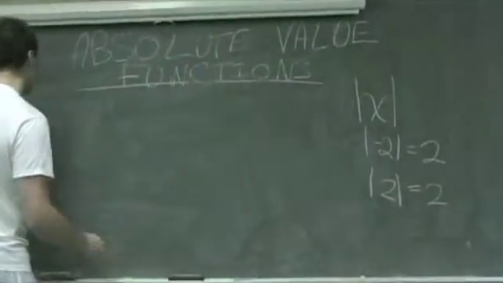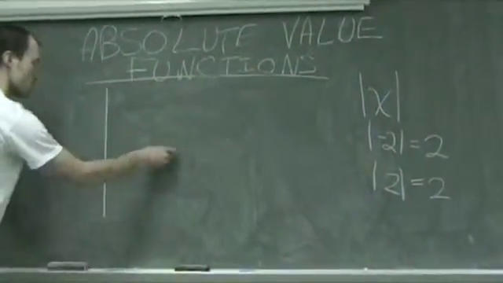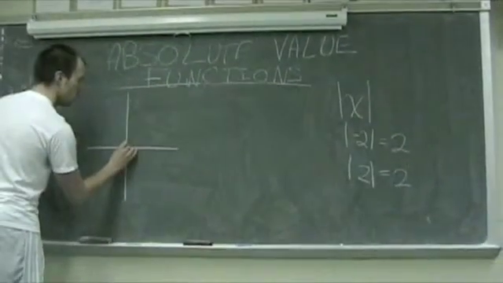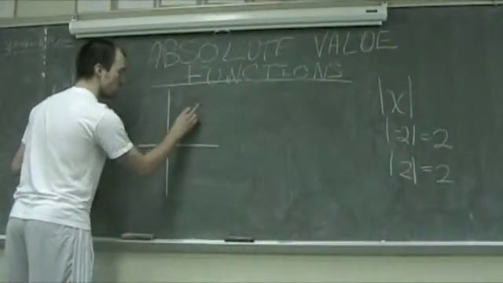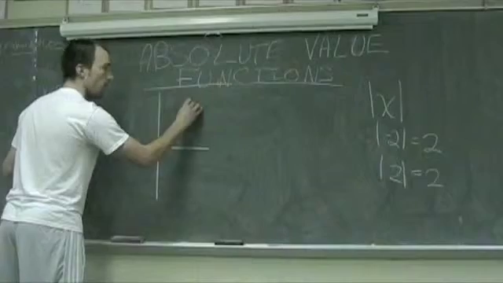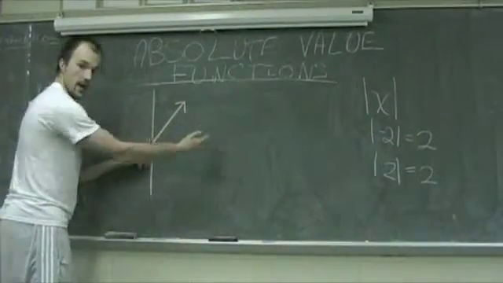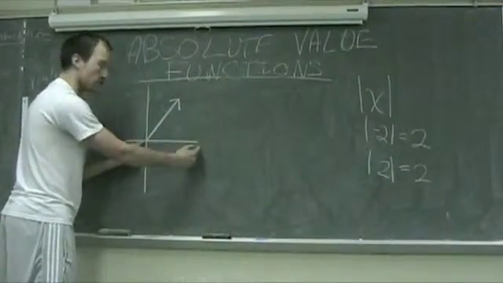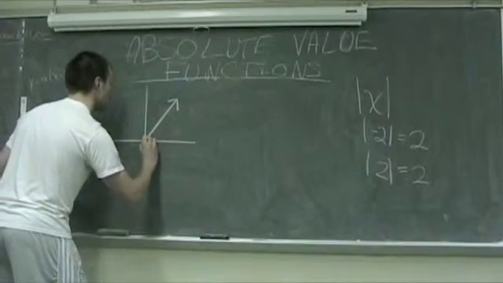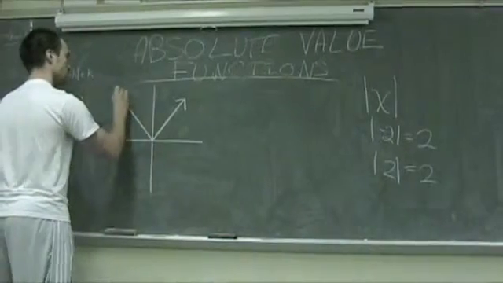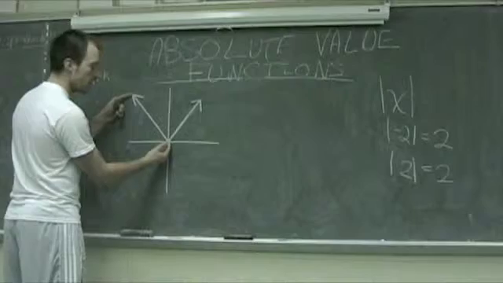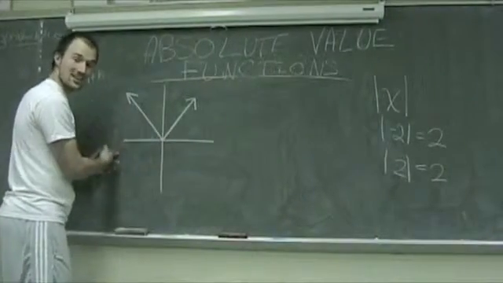The general graph of this is going to be the graph y equals x on the right hand side, everywhere where x is greater than 0, and it's also the piecewise function, y equals the opposite of x for everything less than 0.